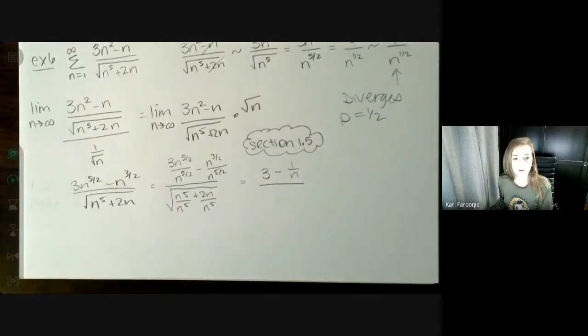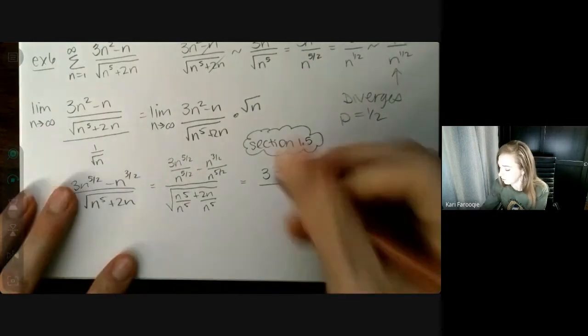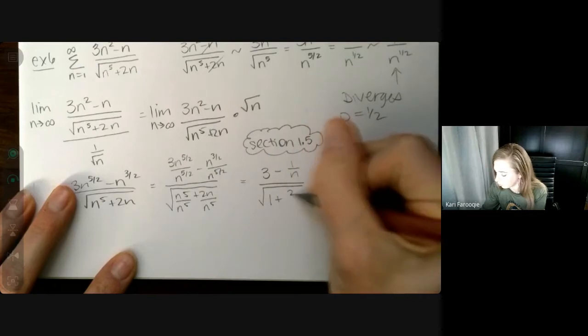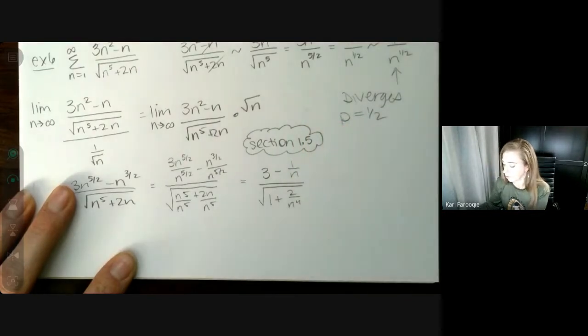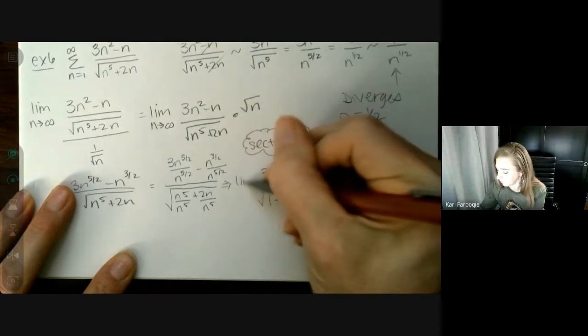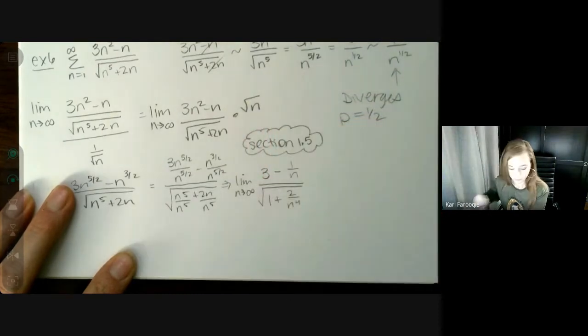So you'll have 3 minus 1 over n. And then in the denominator, you'll have the square root of 1 plus 2 over n to the 4th. And now if you want to put your limit back on, you can do that.